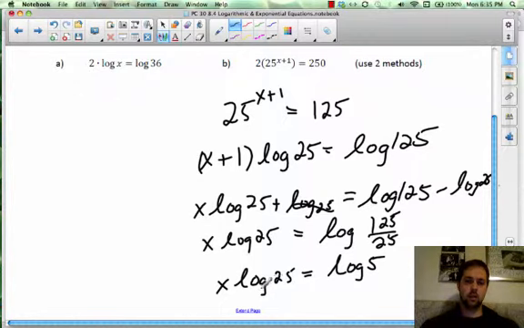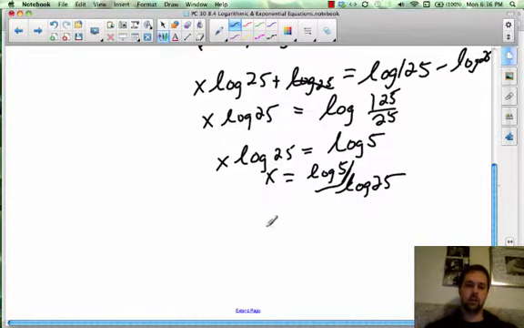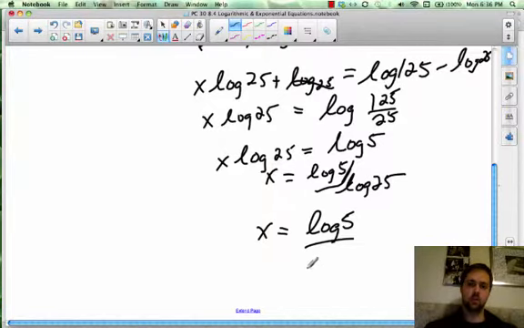So let's get rid of this by dividing. x equals log 5 over log 25. So x equals log 5, and I'm going to change this 25 into log 5 squared.